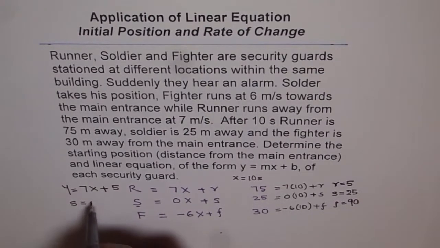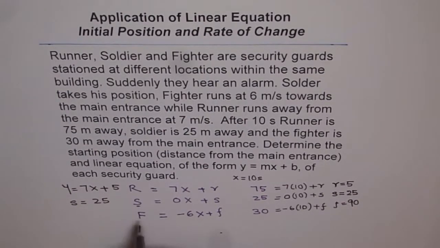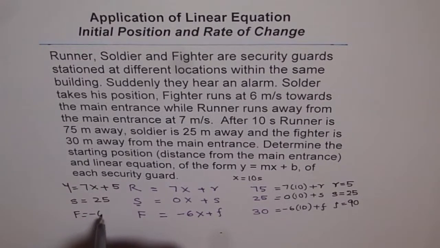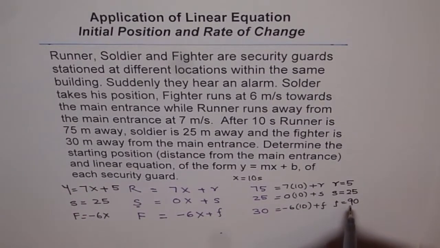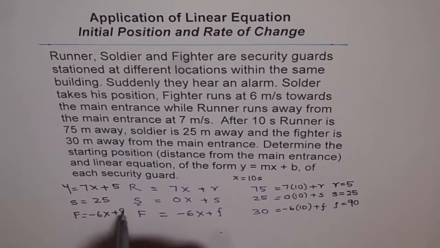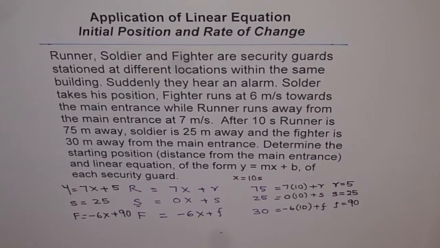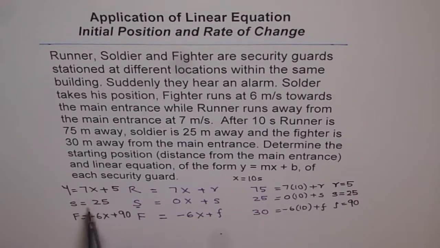S is 25. And for the fighter, the equation is minus 6x plus 90. Do you see that? So these are our y equals mx plus b, or linear equations, to represent the position of each guard with time, right?